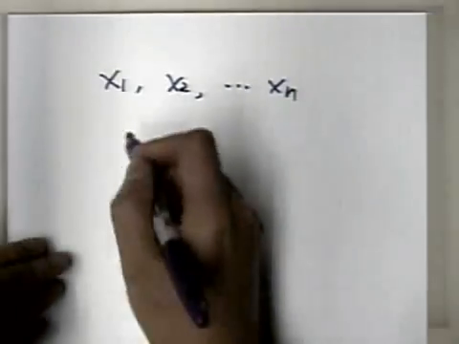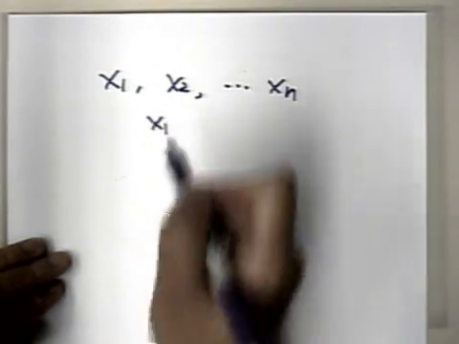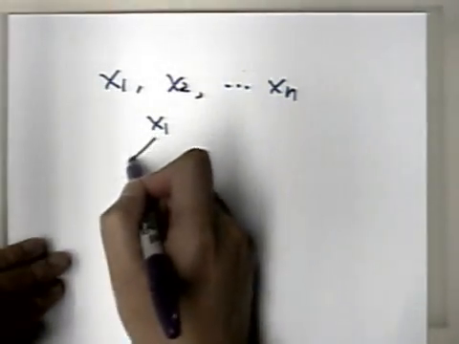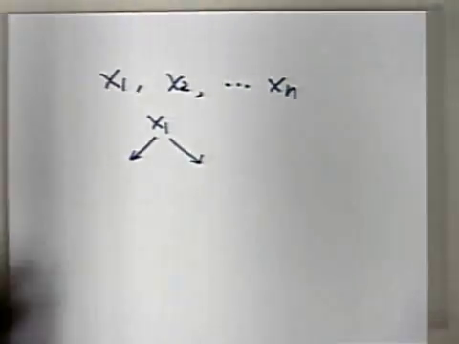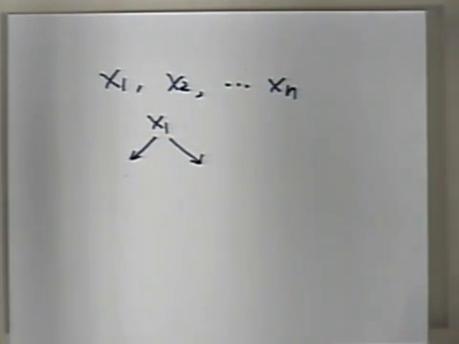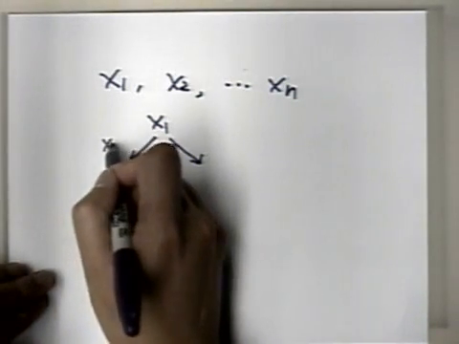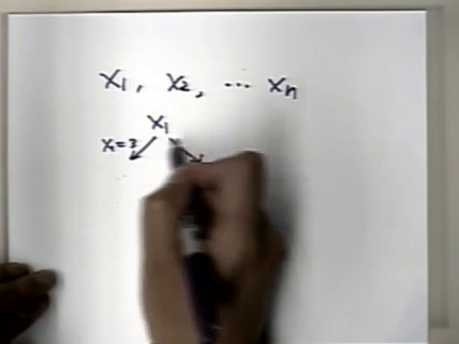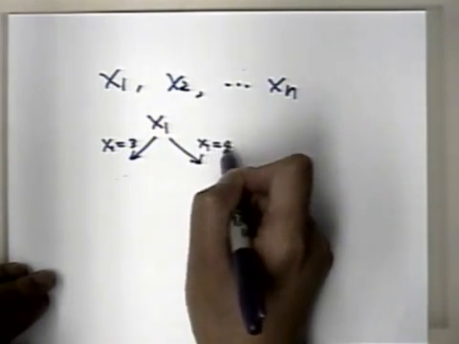And then, for instance, if I branch x1, I may need two things, right? For instance, I can say x1 is 3, and then x1 is 4.